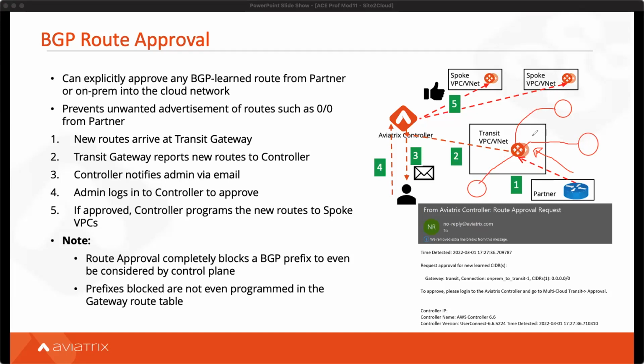So instead of accepting all of these routes, you can say, for this connection, this is where I want to do BGP route approval. Maybe for only this connection, I want to enable route approval, and for the others, I can keep it off. So you can be very granular on where to enable BGP route approval.